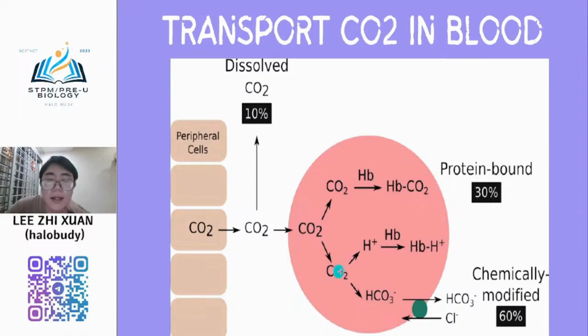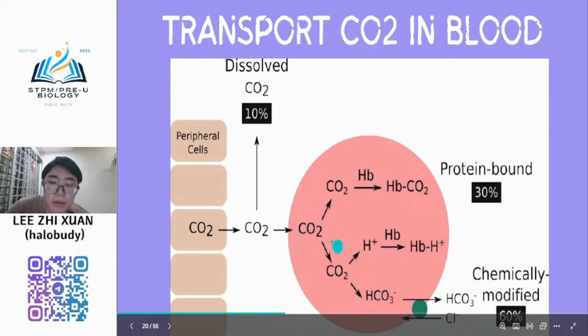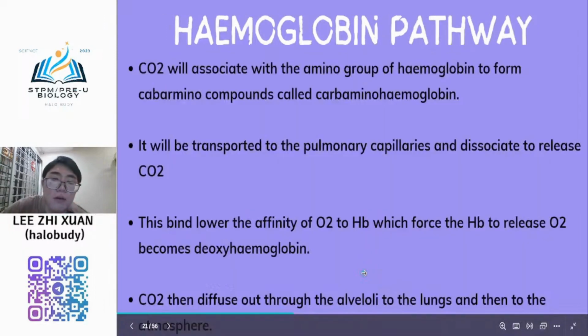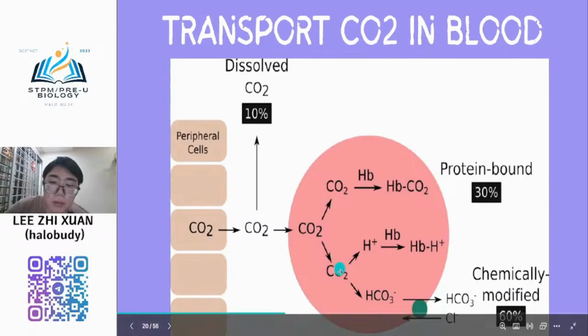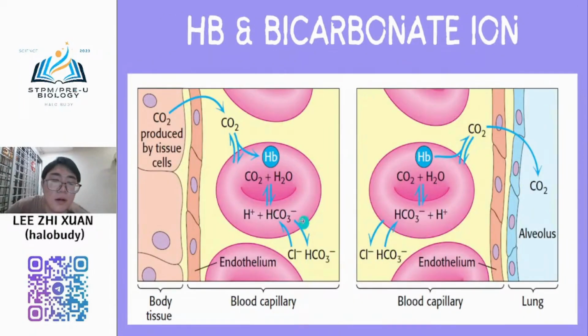The other is a chemical process, where the carbon dioxide reacts with a water molecule to form carbonic acid, which then dissociates into hydrogen ion and bicarbonate ion using the enzyme called carbonic anhydrase.